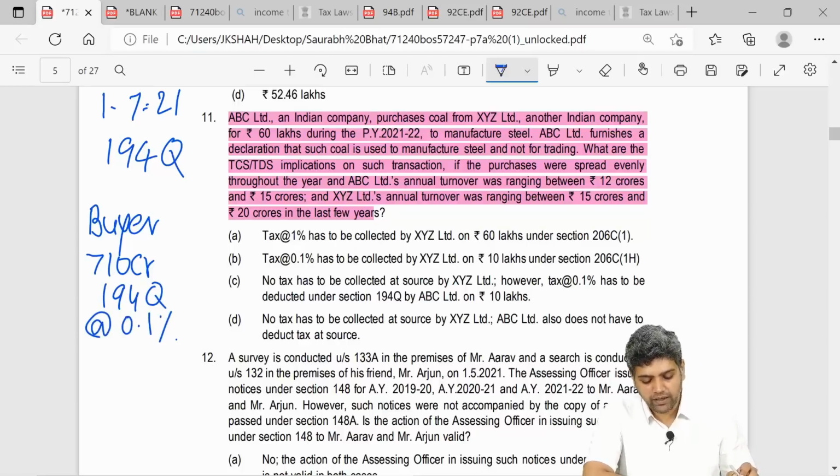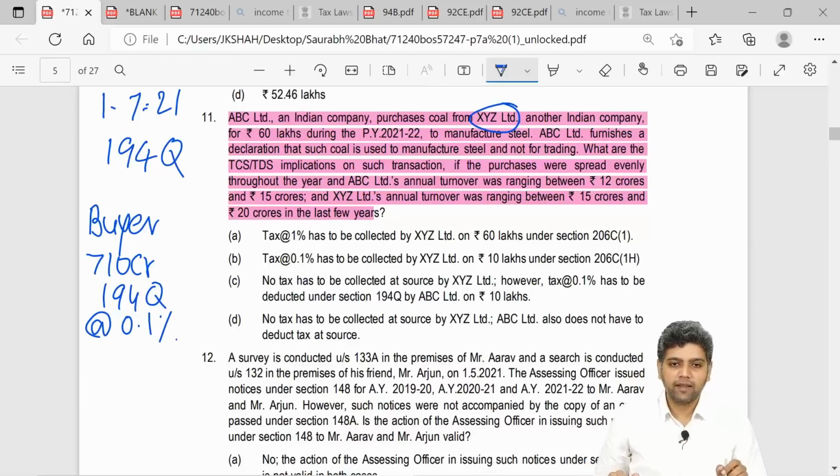Over here the buyer is ABC Limited, and ABC Limited's turnover in the last few years has exceeded 10 crores. So in the preceding year definitely it was exceeding 10 crores. So the buyer is required to withhold tax under section 194Q. So C would be the answer.